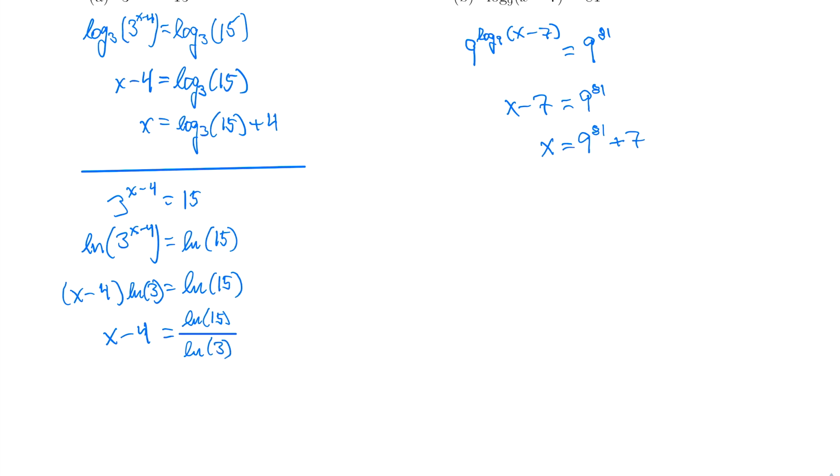Now please do not be tempted to cancel anything here or apply a logarithm property, because for the logarithm property that you might be thinking of, we have to have one logarithm and then the division inside the logarithm. However, we can apply a different property, which is our change of base property again.